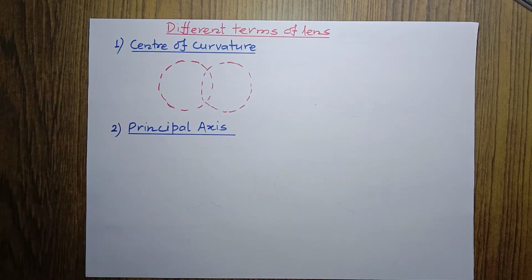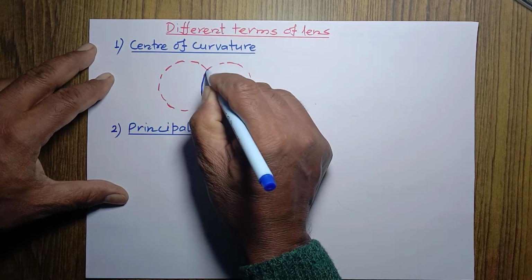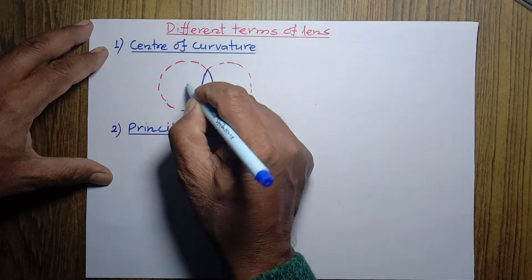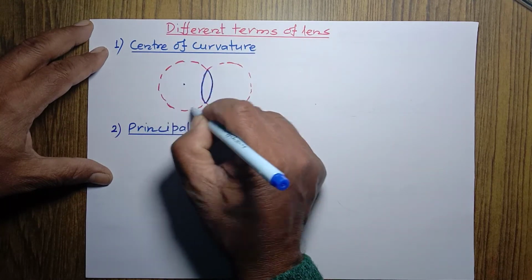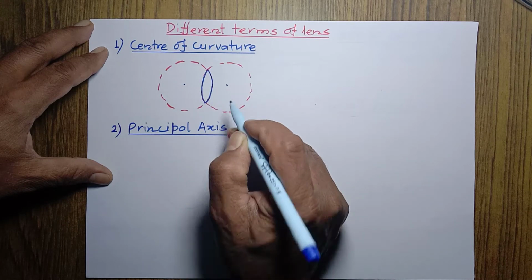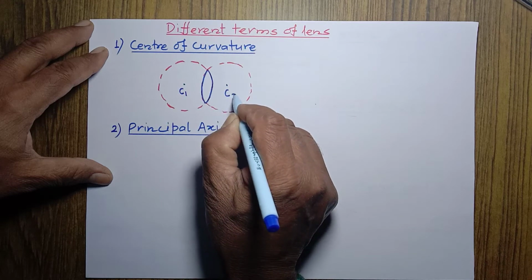Now in the middle part is a convex lens. This is the center of this glass sphere, and this is the center of this glass sphere, and they can be denoted by C1 and C2.